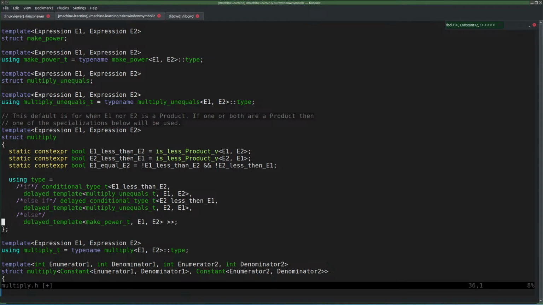That's why the make power is being called. So the idea is that if this is true, then this delayed template is being processed, and therefore we will instantiate multiply on equals T of E1 and E2. And it will not do this one, delayed conditional type.